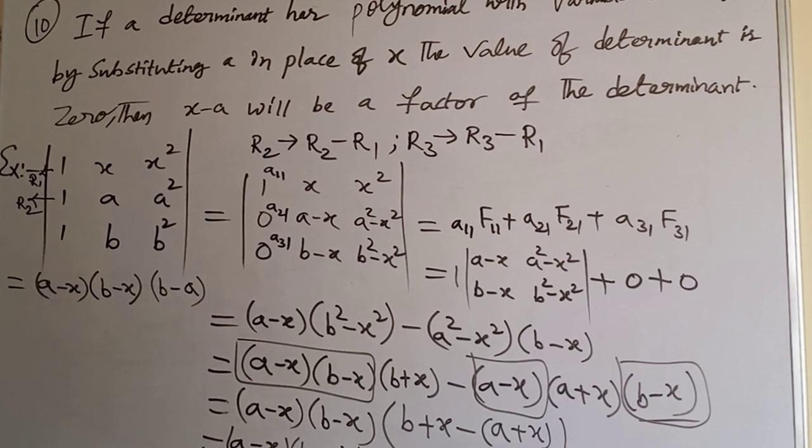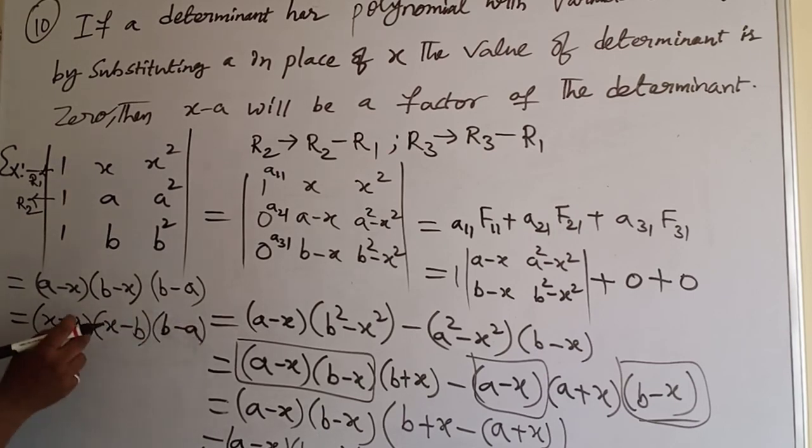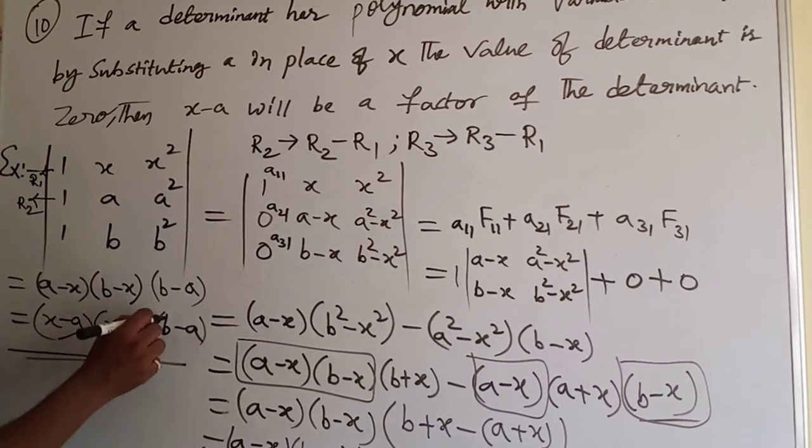So now the factors are a minus x, b minus x, b minus a, and if you take all the minuses common, then you can write x minus a, x minus b, a minus b. For this last one, b minus a, only this minus common here. Here minus common, x minus a, x minus b, minus into minus is plus, so this is your answer. So that is about your 10th one. At last you prove that x minus a, x minus b are factors.